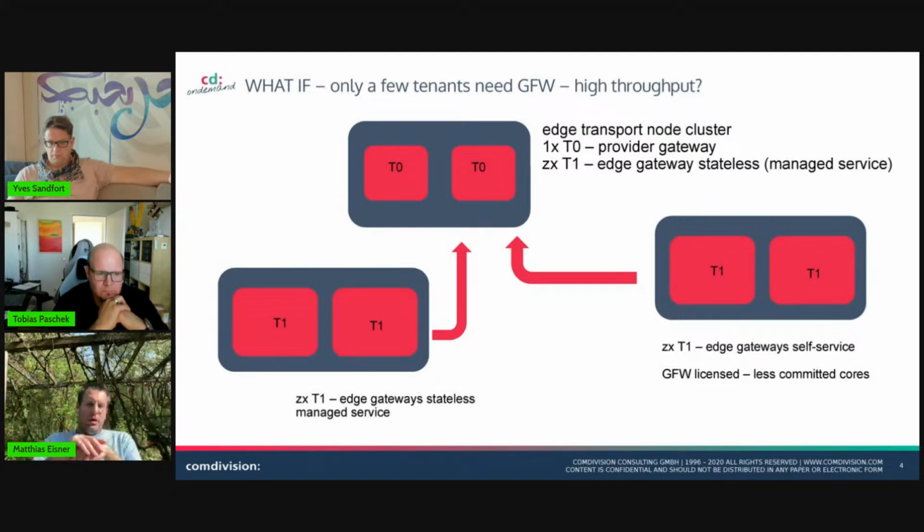We could have more T1 clusters somewhere else running, and I currently see I fat fingered a few boxes, so you can have multiple edge clusters for T1s as well. So that would decrease the size of a single edge transport node if needed.